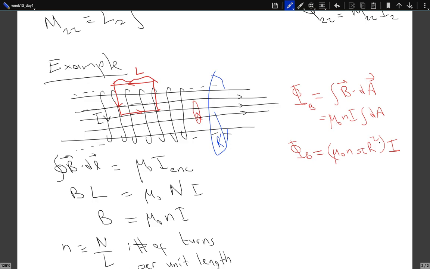Well, as I claimed before, the flux created inside this ring is proportional to the current passing through the other wire. And that proportionality constant is what we call the inductance.